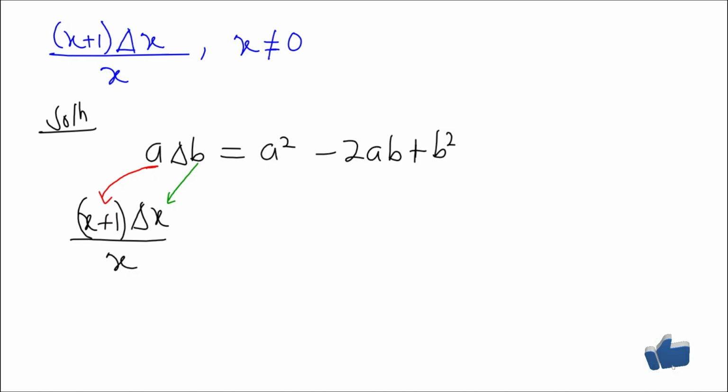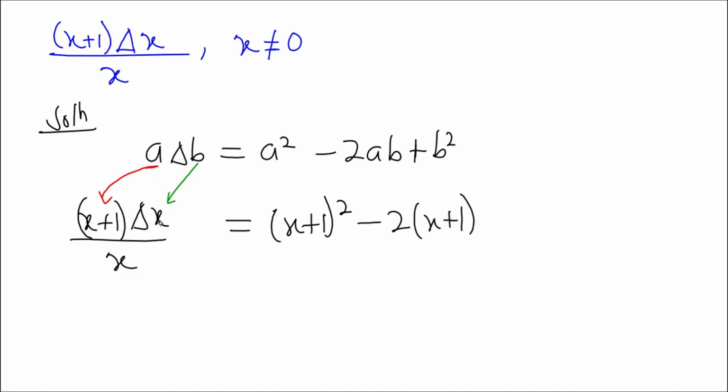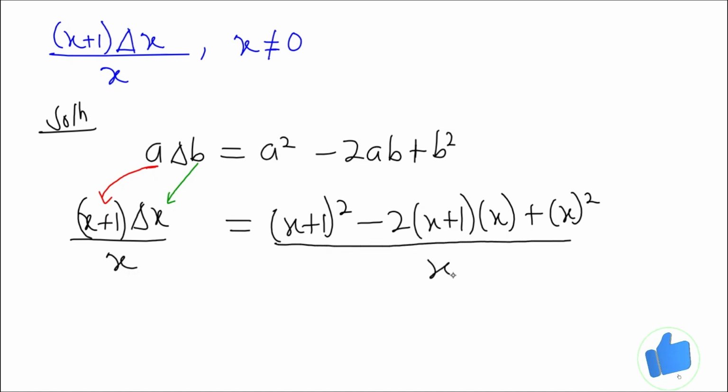So with the first one, that is A squared, here we are going to substitute x plus 1 squared, minus 2, and we know A to be x plus 1, and B to be x, so we substitute that, plus B squared, that is x squared, all divided by x.